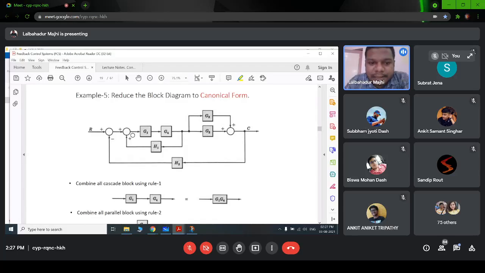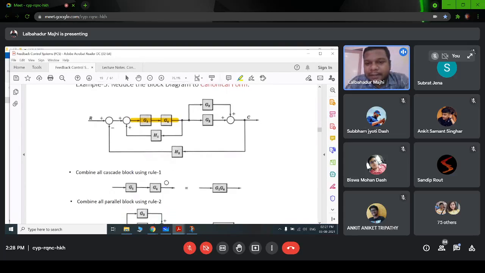First we can see here this G1 and G4, these two are connected in series. So we can represent them in a single block. As these are in series, we have to multiply them, G1 into G4. Next, see if there is any other series or parallel connection. We can see here there is another block.